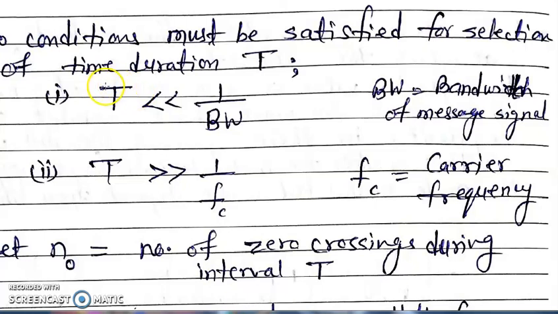So the time duration T that we select should be lesser than the bandwidth of the message signal, so that the complete bandwidth can be observed in the selected time duration.